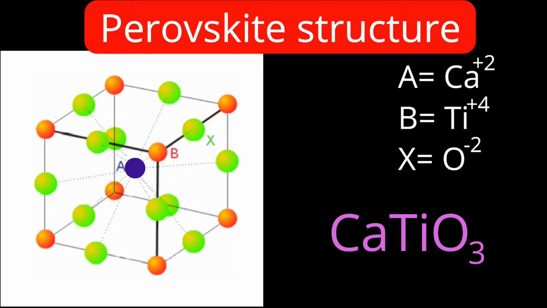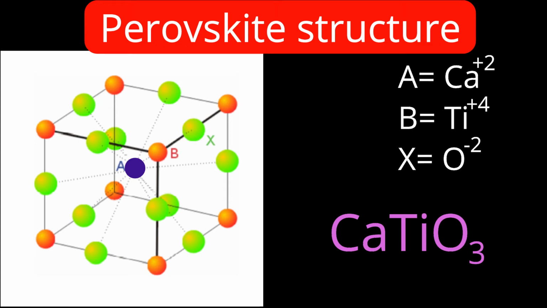Now let us find how many number of each category of ions are present in this unit cell one by one. Calcium ions. How many are there in this unit cell? Only one, and it is completely belonging to that unit cell because it is within unit cell. It is at the center of the unit cell.